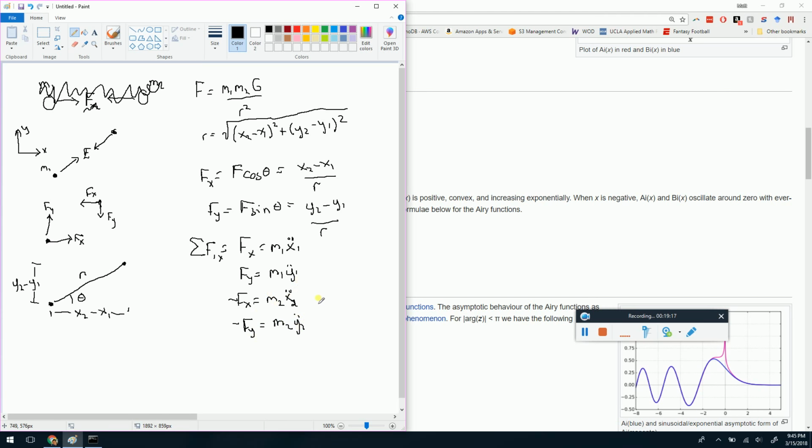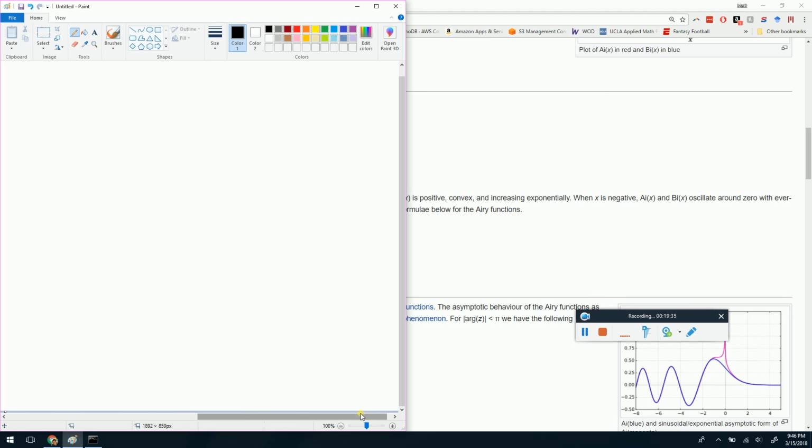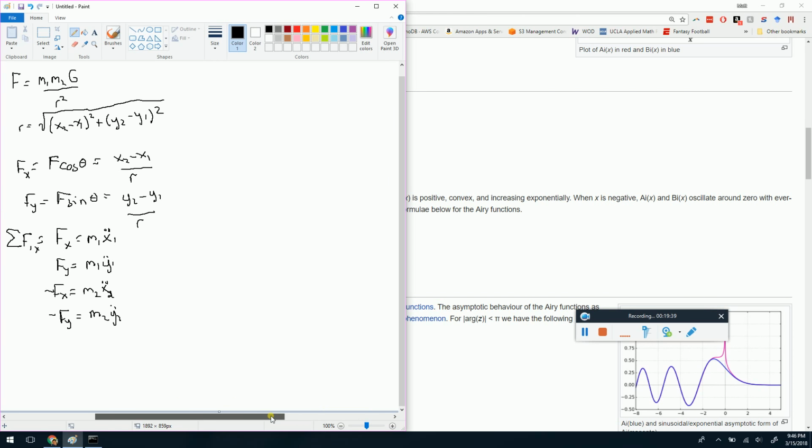Alright, so we have a system of 4 equations, and we have second derivatives for each of them. So our z vector is going to get quite big. That's okay. Let's go ahead and see if I can increase the size of this here. We'll just go over to the side here.